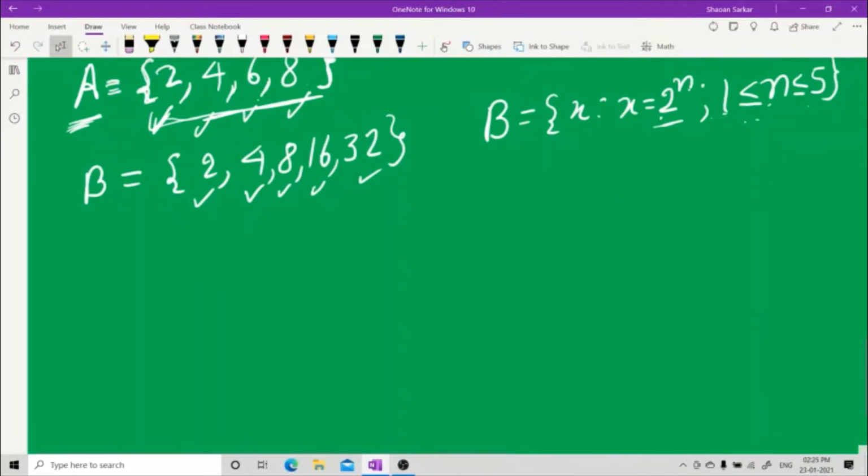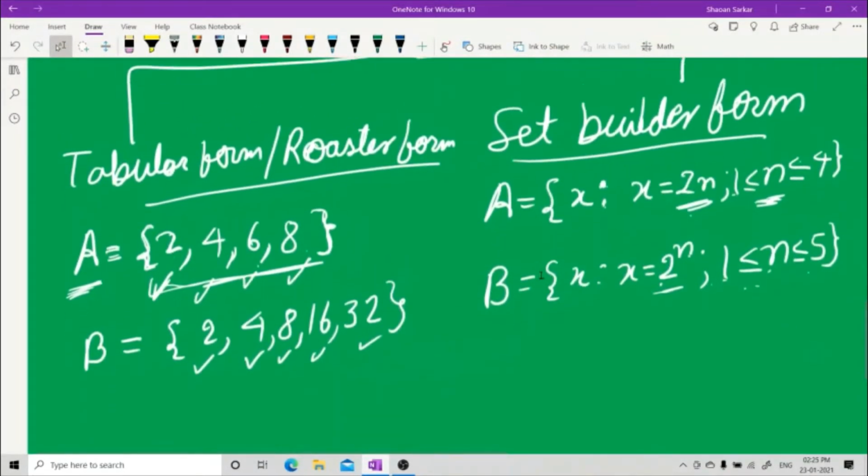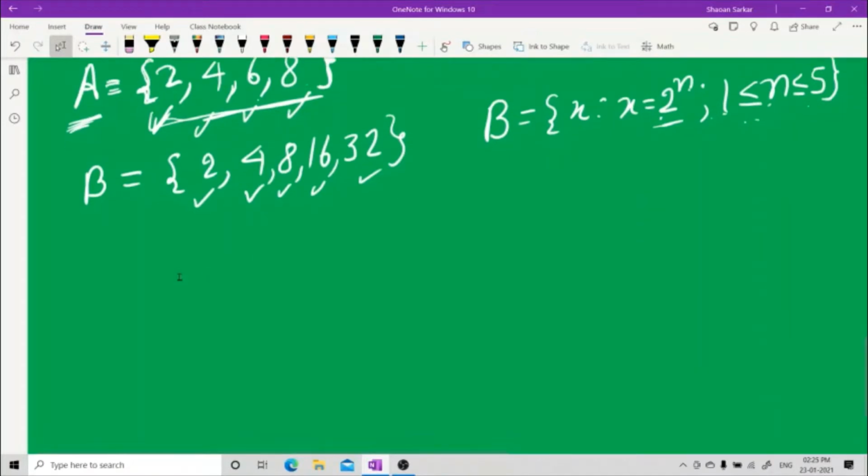What I do is that, let me write down exactly now the statement under tabular form and roster form. We see, these are the elements here with commas, and we write the characteristics here of these elements. ये 2 to the power of n के फॉर्म में है, ये 2 into n है, वो कैरेक्टरिस्टिक्स लिखा जाता है यहाँ पे, और यहाँ पे लिखा जाता है एलिमेंट कॉमा के साथ. So let us now see roster form.